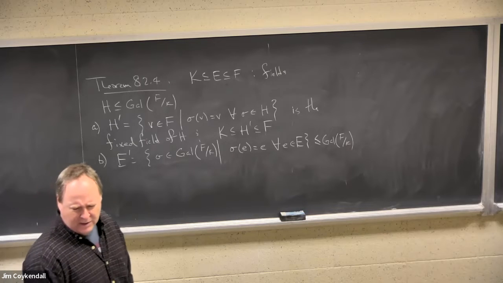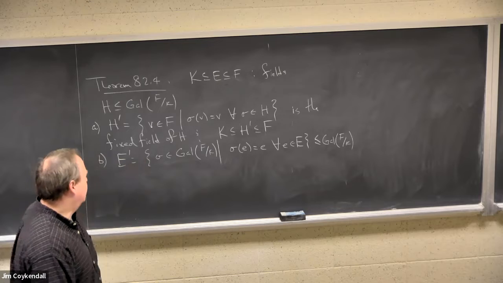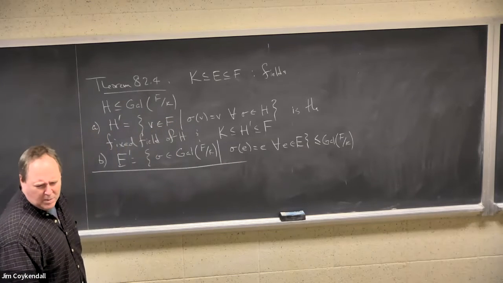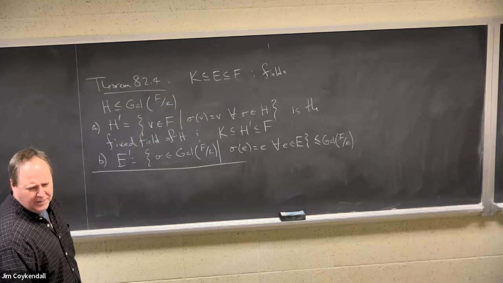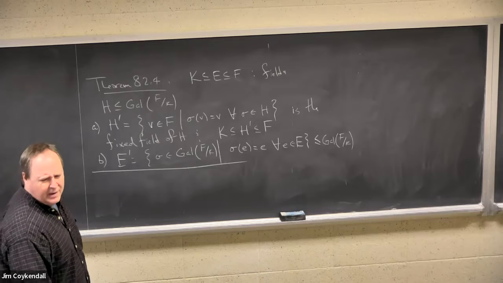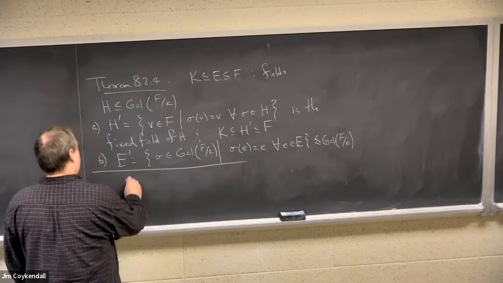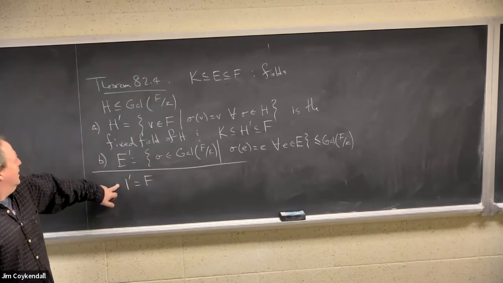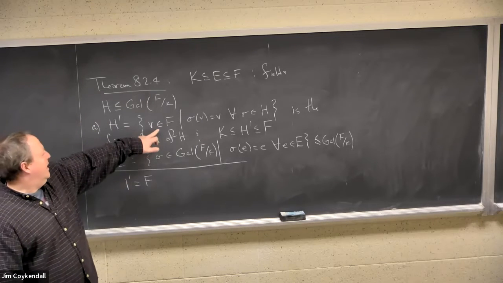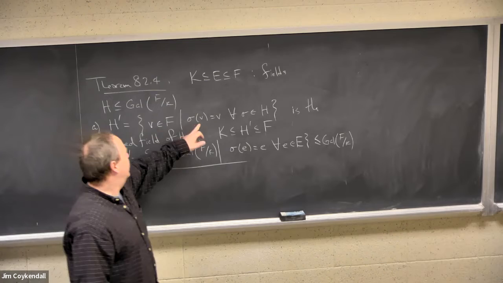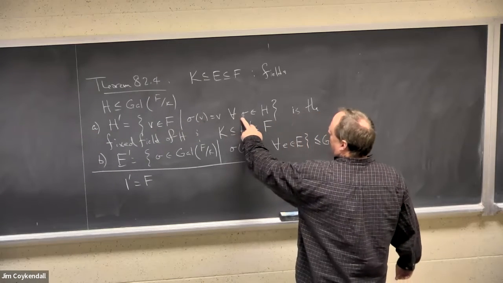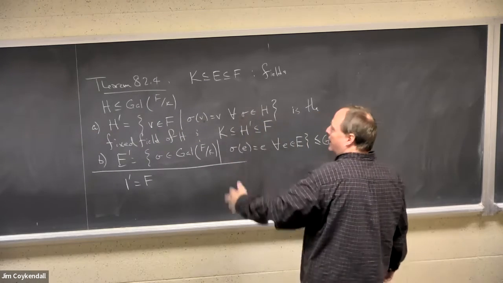Let me point out, I'm going to put these remarks in, because notice that 1 prime is equal to, well, of course, 1 is the group here. So 1 prime is the set of everything in F such that sigma V is V for all sigma in H, so for all 1, right?